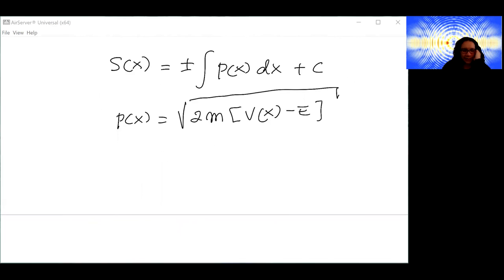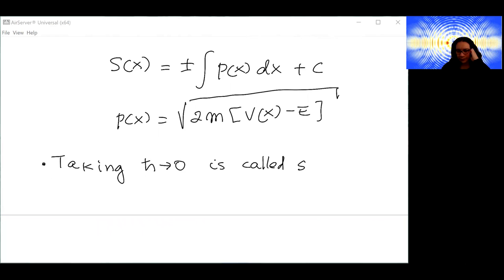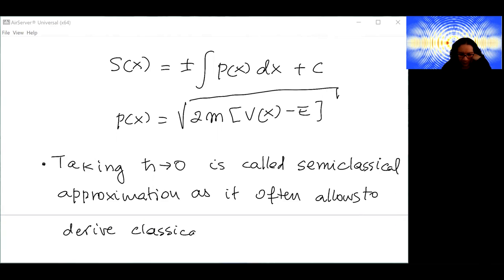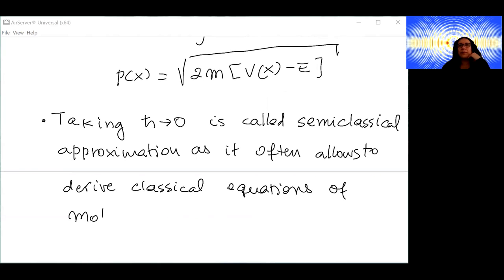So taking h bar going to 0 is called the semi-classical approximation, as it often allows us to derive classical equations of motion from quantum expressions.